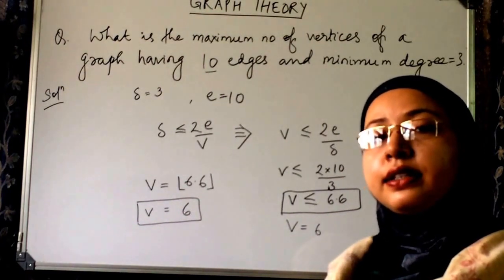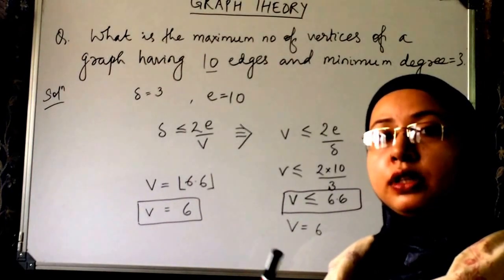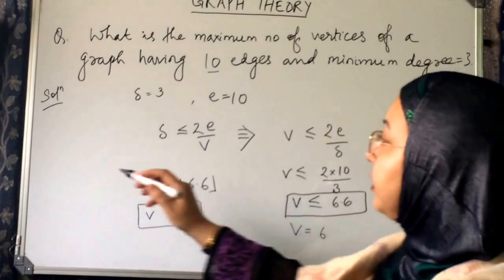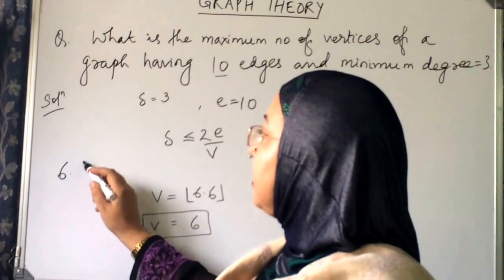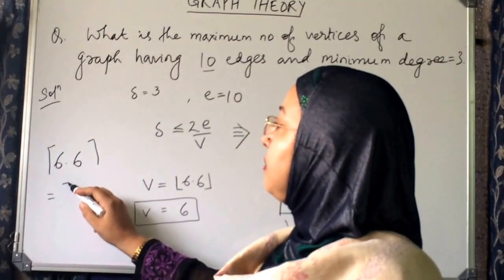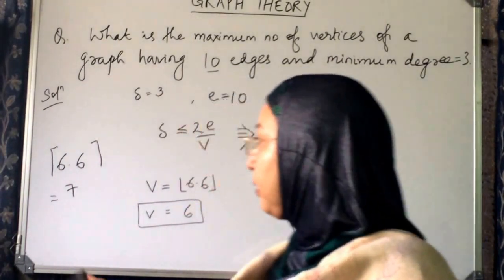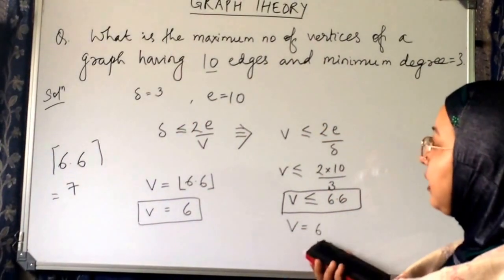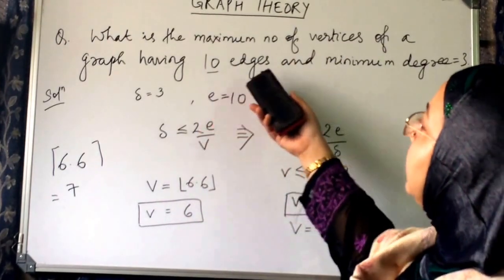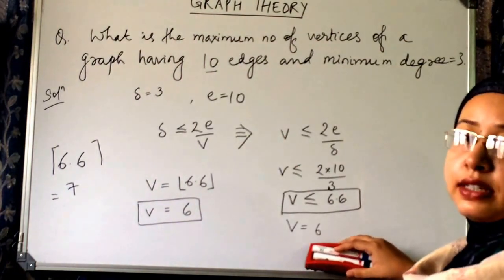And when it is given that it is greater than or equal to, then we will use the ceil function, and then it will become 7. What is the maximum number of vertices of a graph having 10 edges and minimum degree 3? Then the answer will be 6.